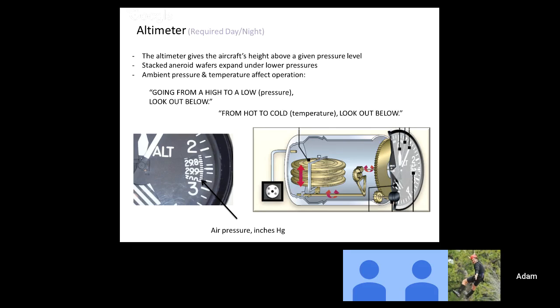So, for example, as you increase altitude, and the pressure differential between what you have set in the window versus what the static port is telling the altimeter goes down, the wafers expand. The expansion of the wafers causes, through the gear mechanism, the altimeter to indicate an increase. It causes it to go up. And it's really no more complex than that. It's a fancy, expensive barometer.